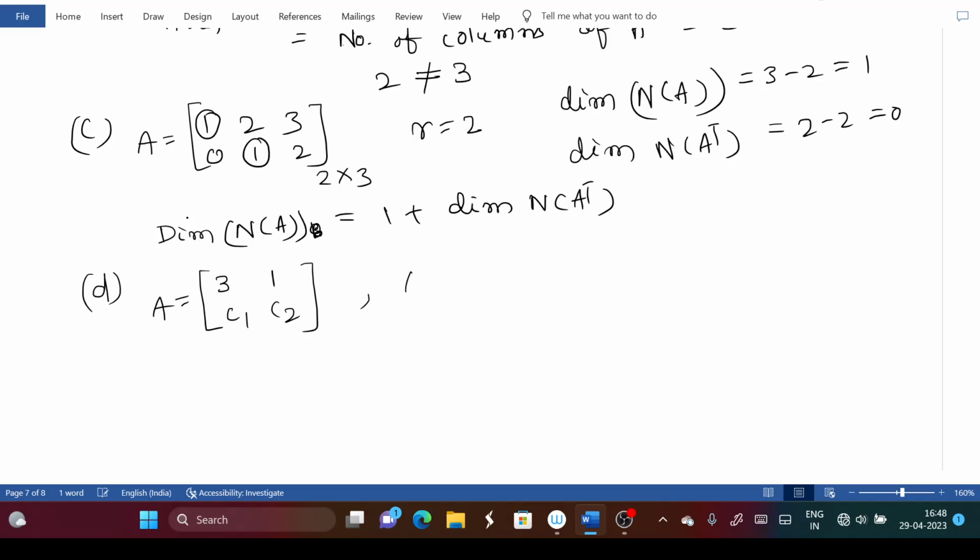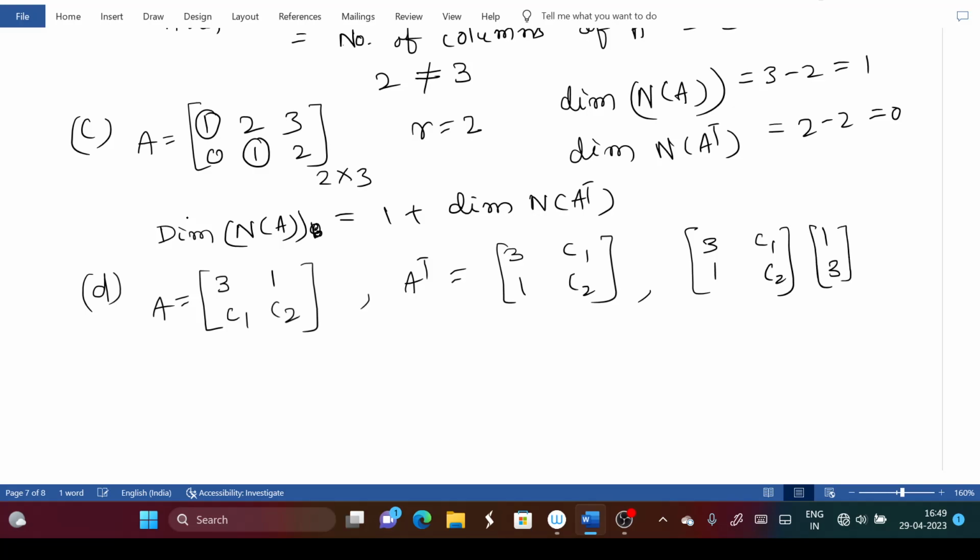So what is A transpose? A transpose is (3, C1), (1, C2). Now A transpose times my given vector, that is (3, 1), (C1, C2) times (1, 3), gives me (0, 0). What is the relation then?